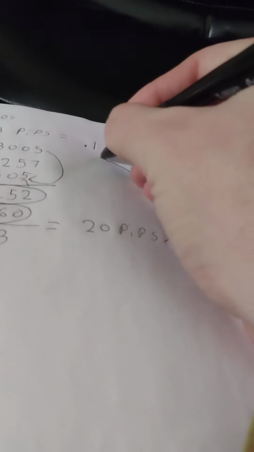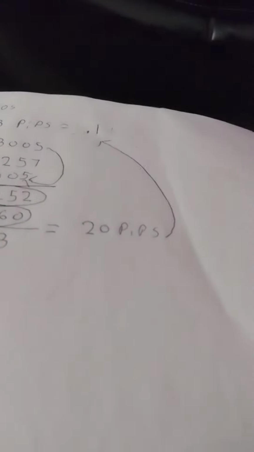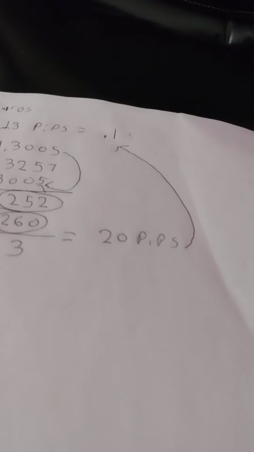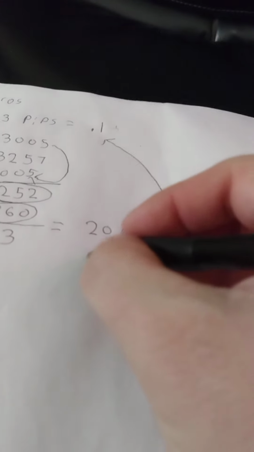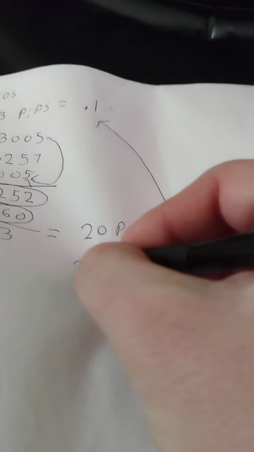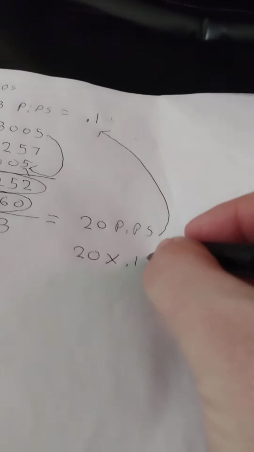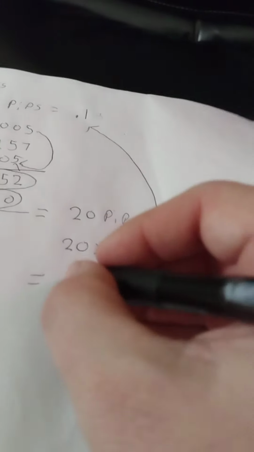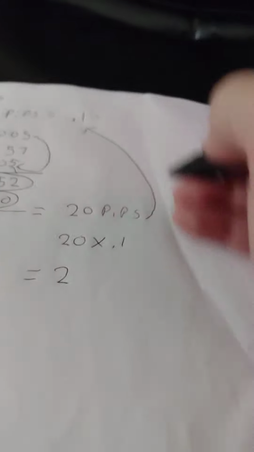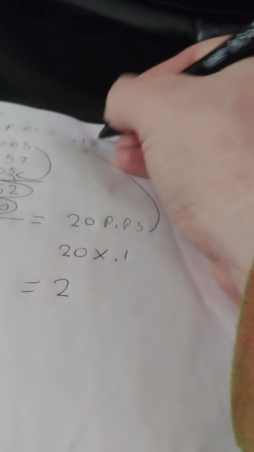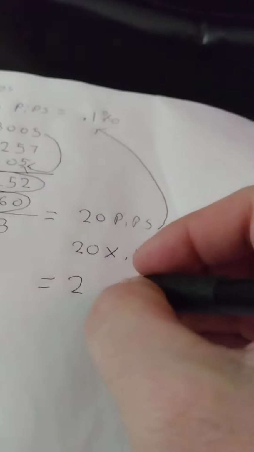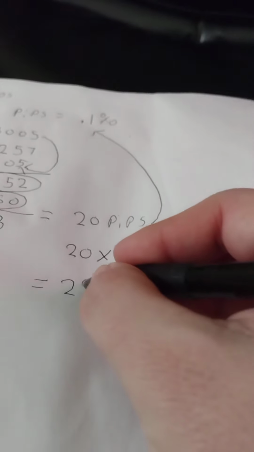A pip is 1/10 of a percent. So, since you've got that, we know it's going to be 20. These are 20 pips. So you're going to go 20 times 0.1. Well, that's going to equal 2. And remember, this is equal to 1/10 of a percent. And so now we have 2%.